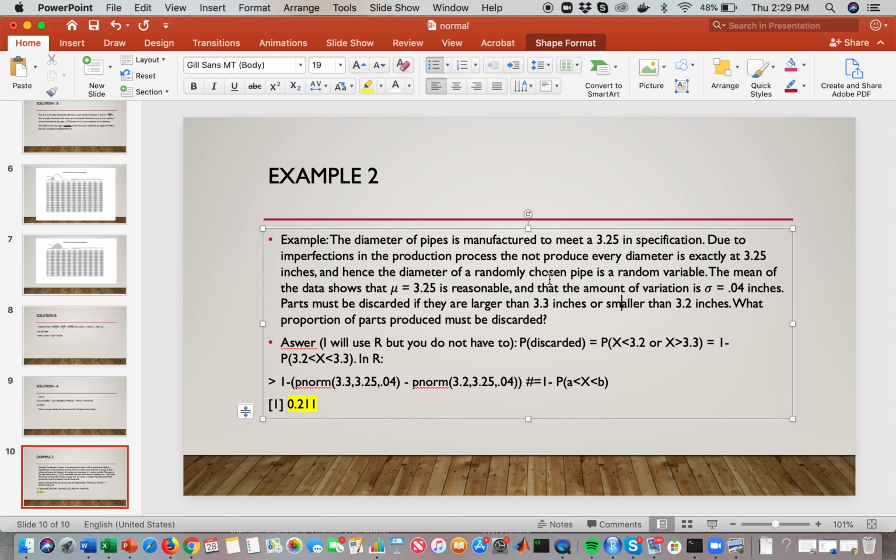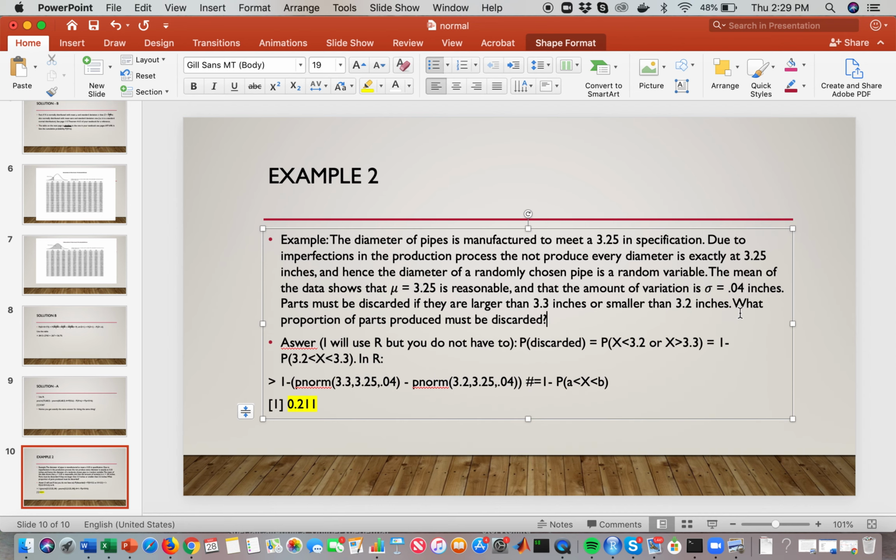It just wouldn't meet their needs. So the company is going to discard parts if they're larger than 3.3 inches or smaller than 3.2 inches, right? They don't want to cheat their customer, or at least not too badly. And we want to know what proportion of parts must be discarded.